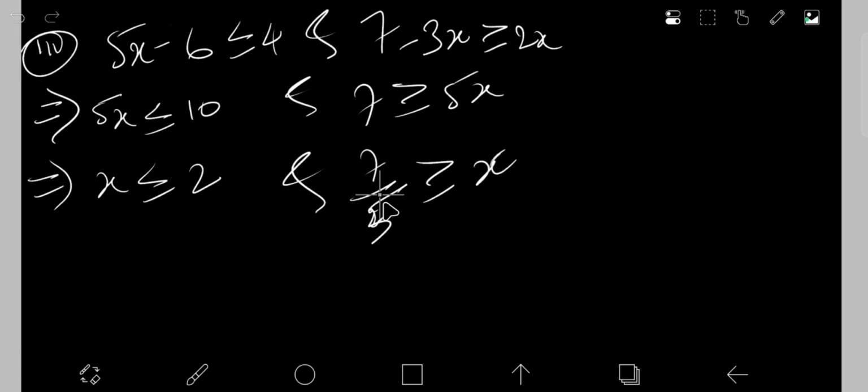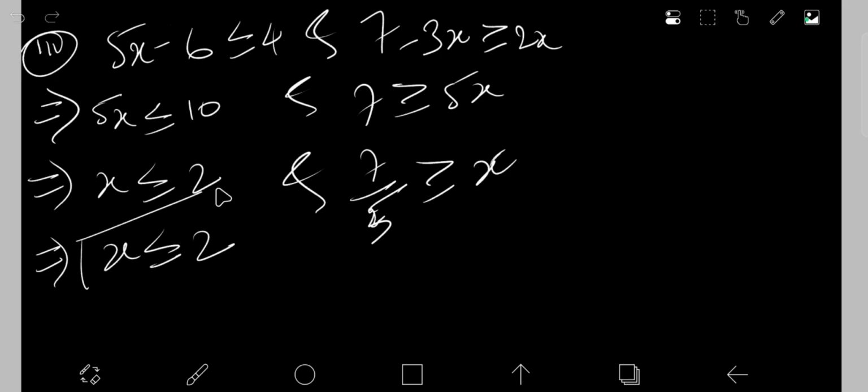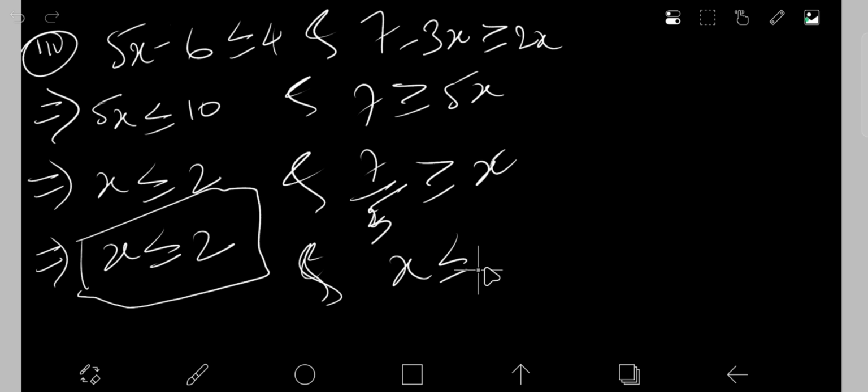This value when we divide now gives 1 point something. Finally we write here x is less than or equal to 2 in one condition, and in another condition we get from here x is less than or equal to, dividing this, 1.4.